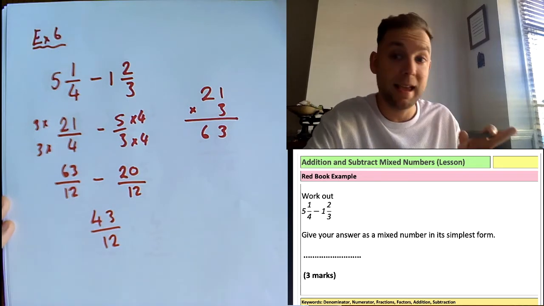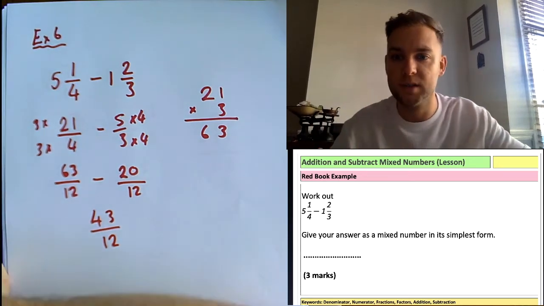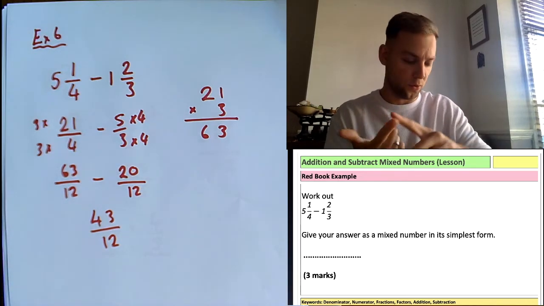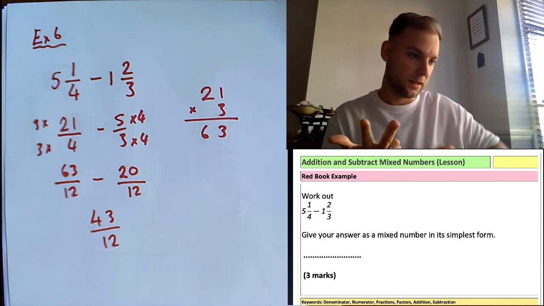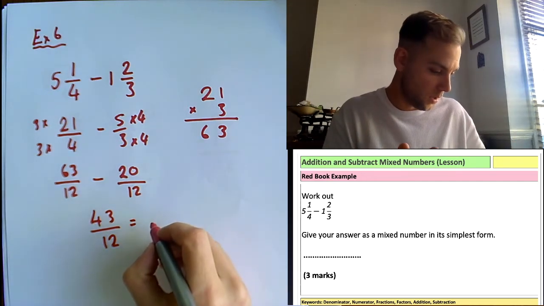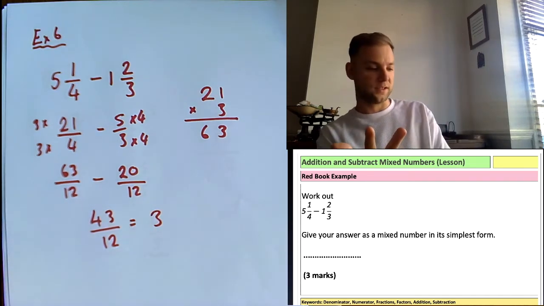So it wants it as a mixed number in its simplest form. That means I need to see how many times 12 goes into 43 and what's left over. So 12, 24, 36. So that's going to be equal to 3, and how do I get from 36?